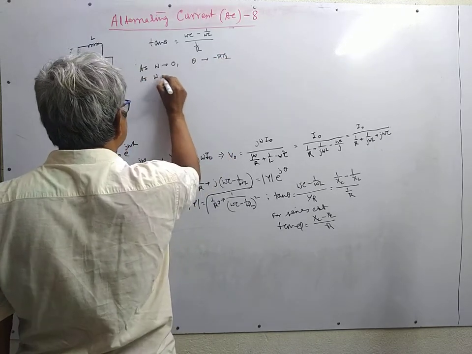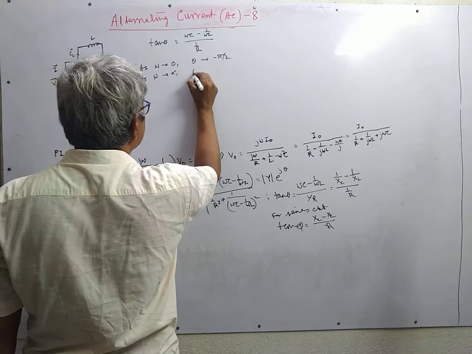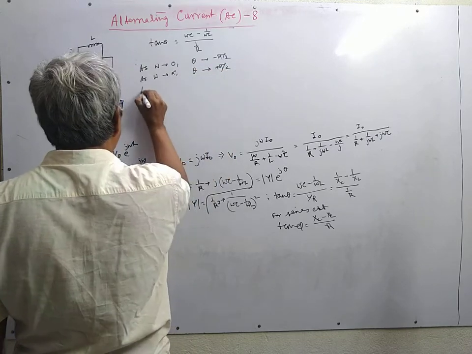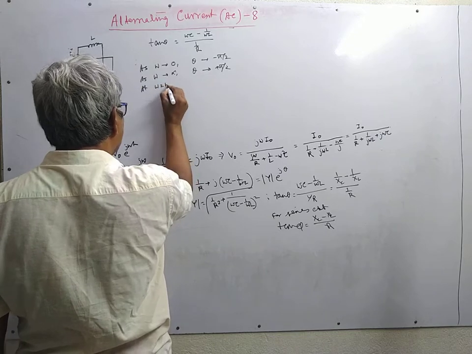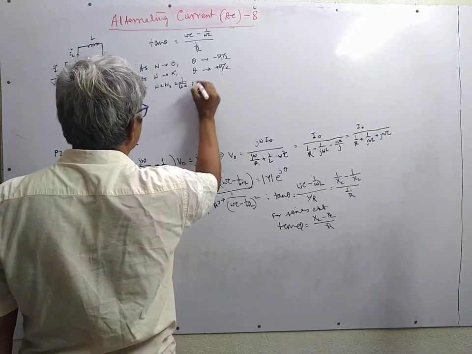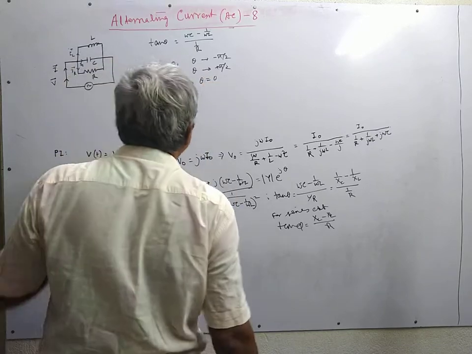As omega tends to infinity, theta tends to plus pi by 2. At omega is equal to omega c is equal to 1 upon root of LC, theta is equal to 0.